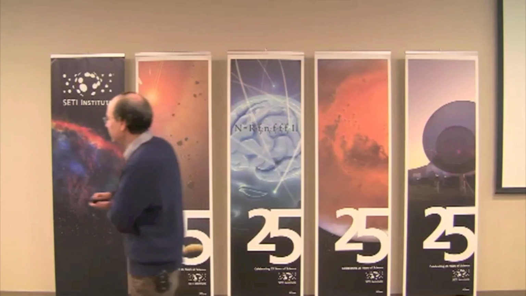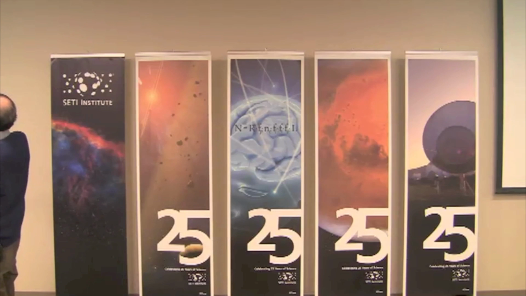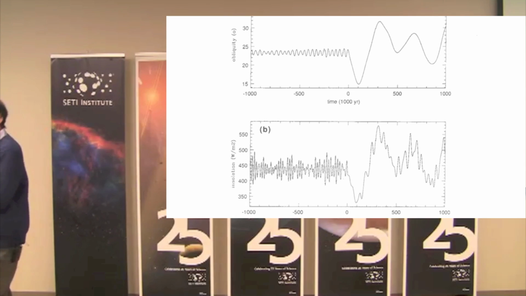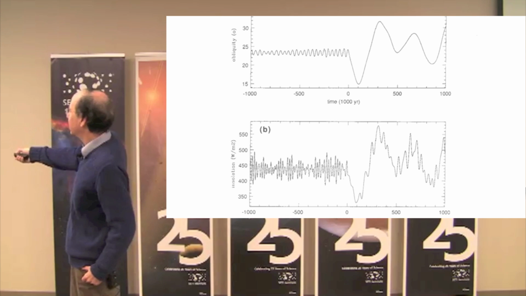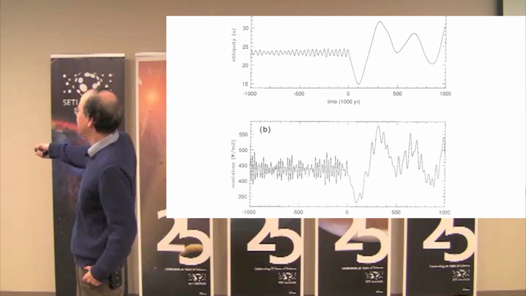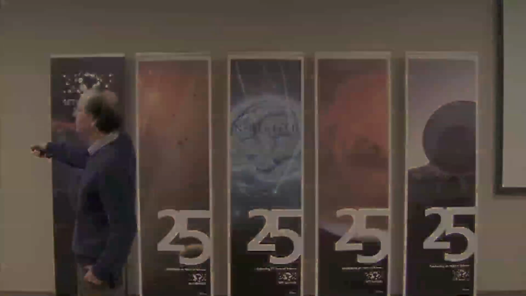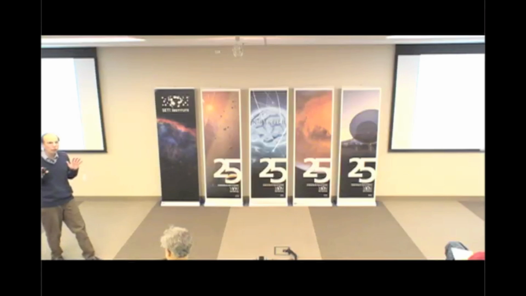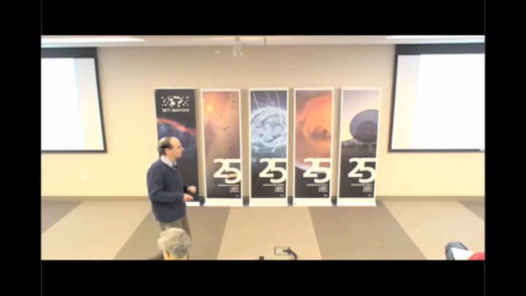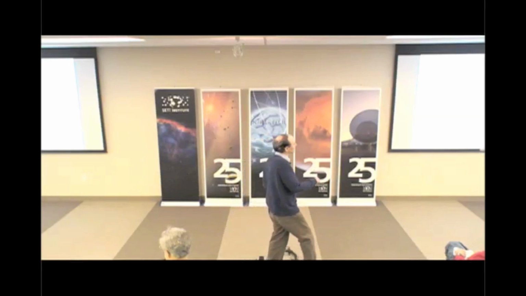Now, that's fine, and you do have larger variations without a moon than with a moon. But you notice here, this goes down to about 16 degrees. It goes up to about 32 degrees, 33 degrees. Much wider range than we actually have. But it's nothing compared to the 0 to 85 degrees that he said was possible. And this is a time of 1 million years.